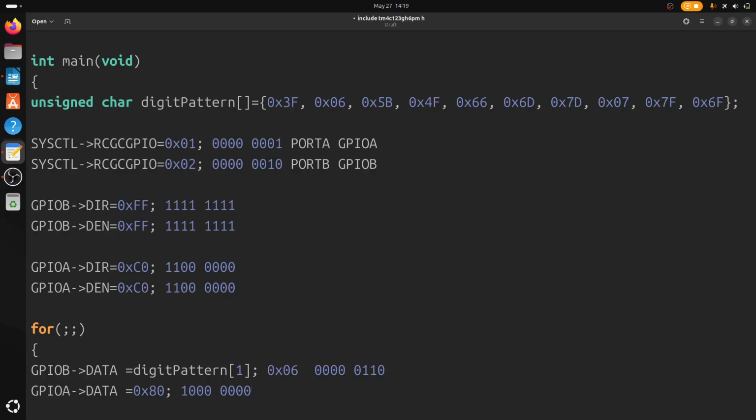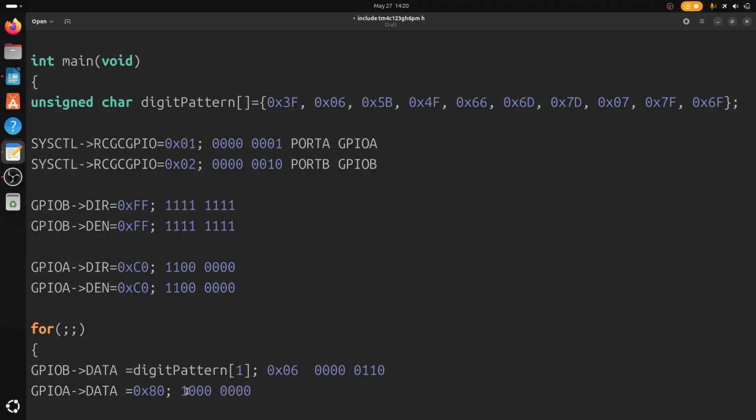So in the pins of this GPIOA, port A, we are supplying these values. What is data? Data is a 32-bit register. This says to supply a value, right? So the data we are supplying is this one.